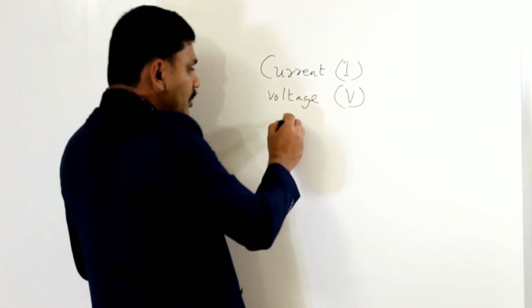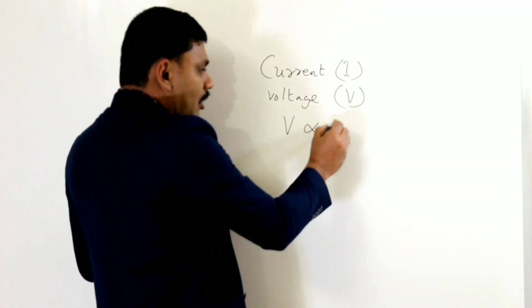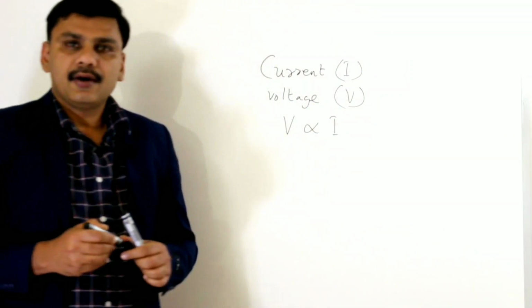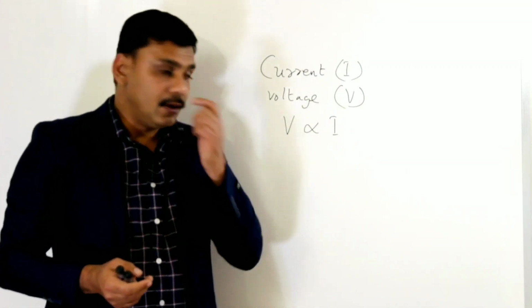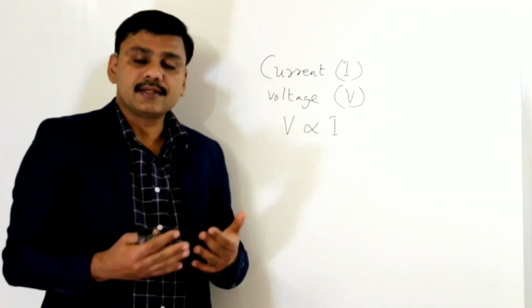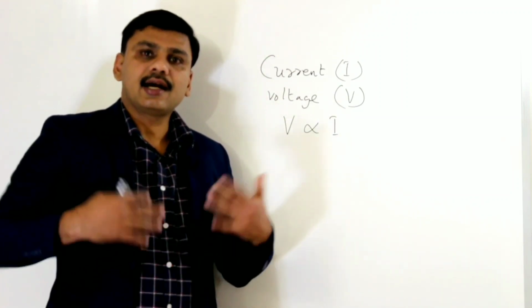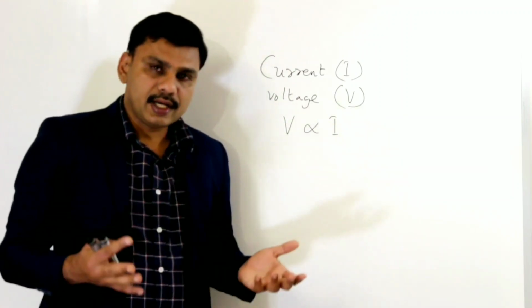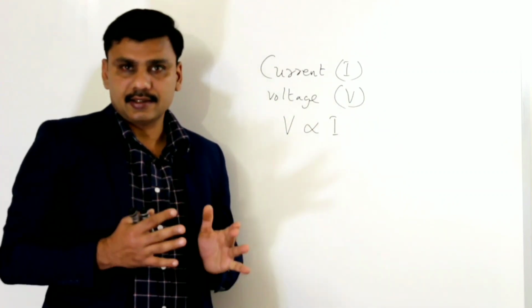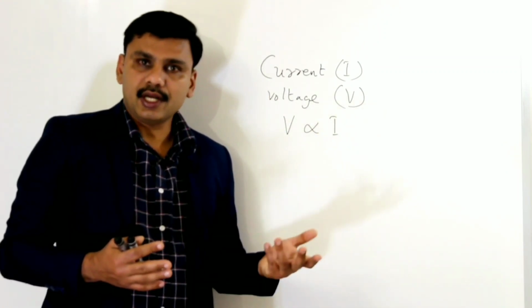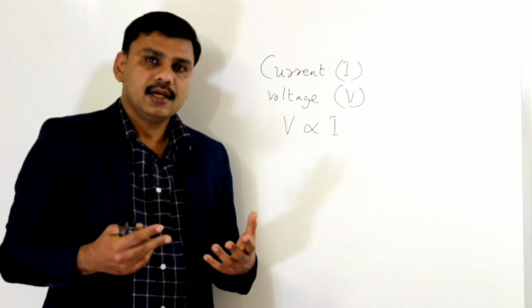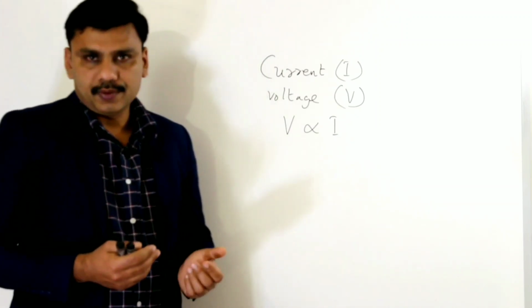So the voltage and current relationship is like this. Voltage is directly proportional to current, or you can say when voltage increases, current increases. When voltage decreases, current decreases. You are familiar with that. If there is more voltage, the brightness of the bulb is more.